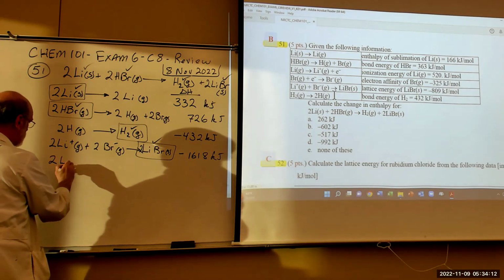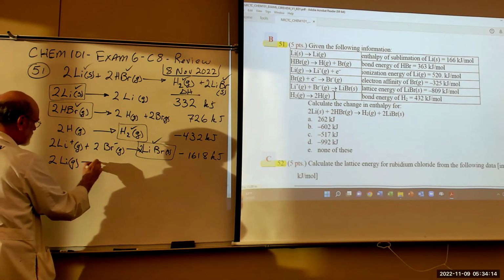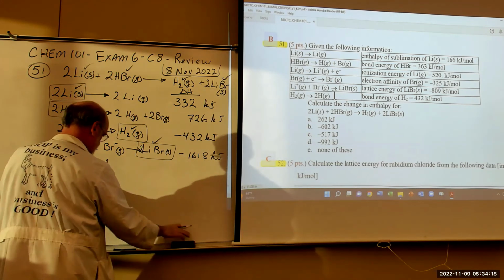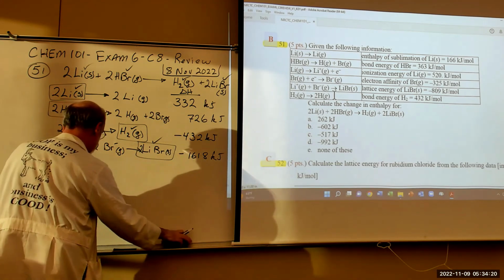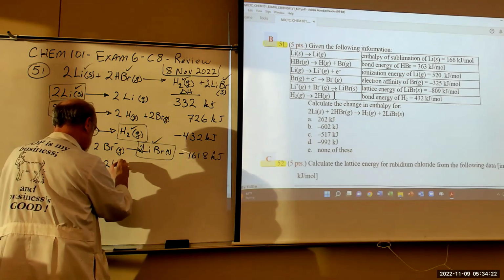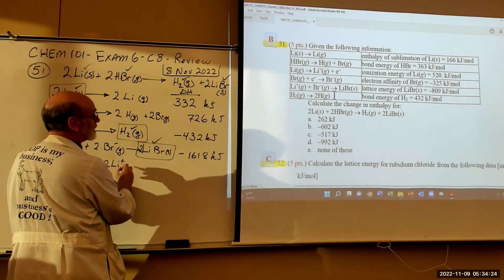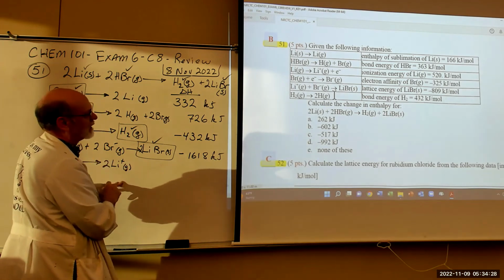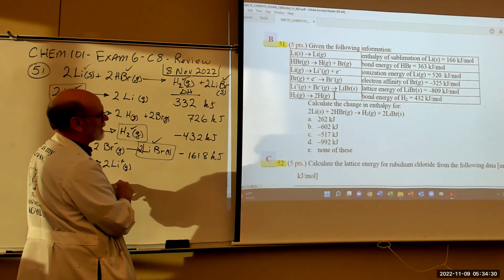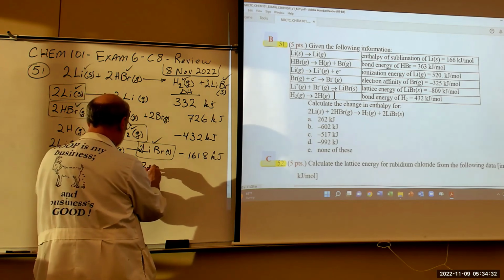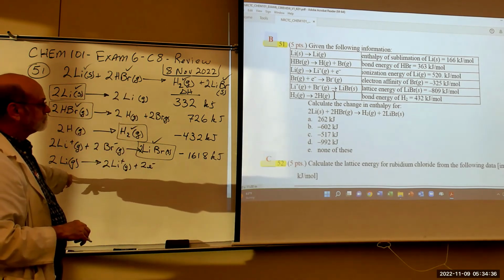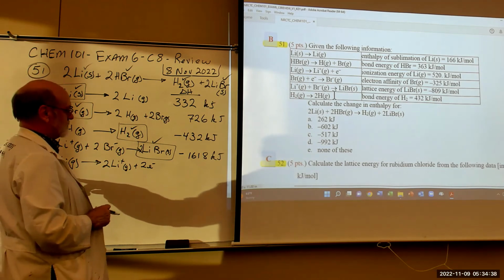So 2 lithium gas yields 2 lithium plus gas plus 2 electrons, right? Ionization energy.